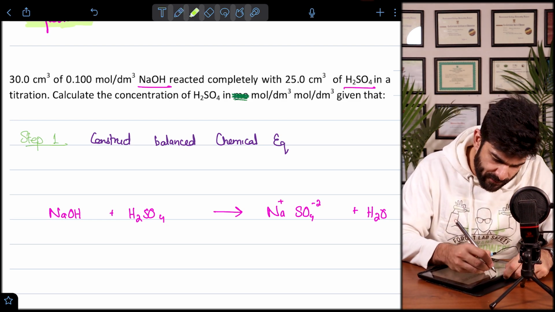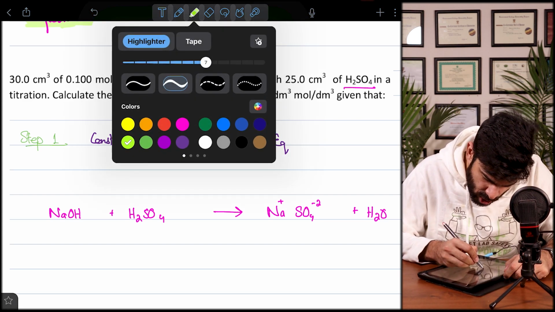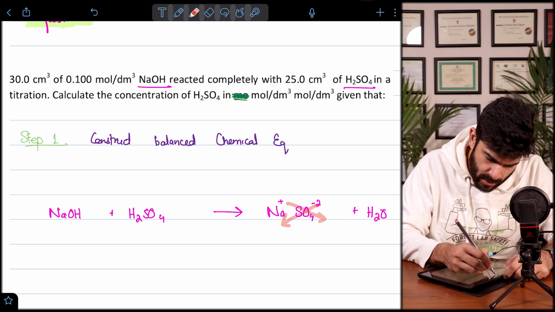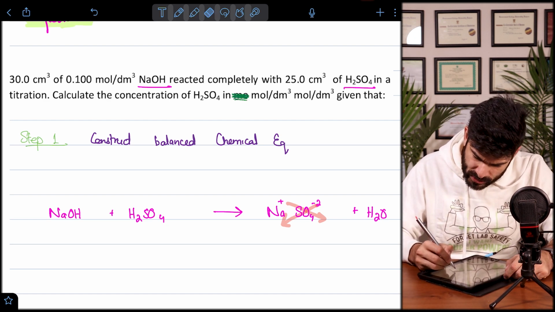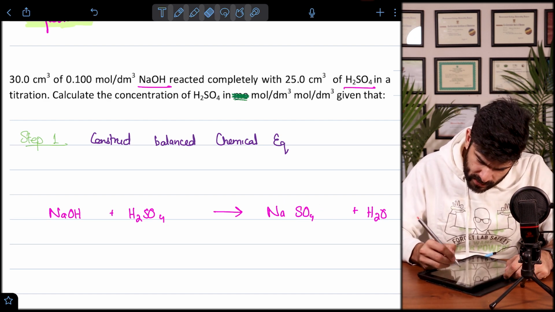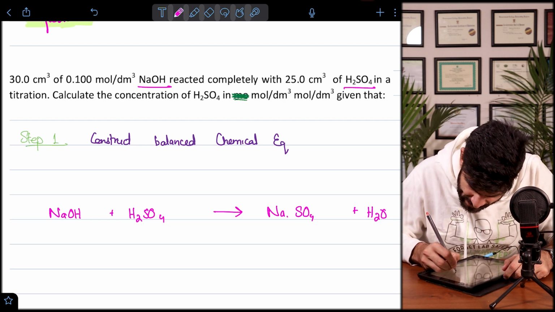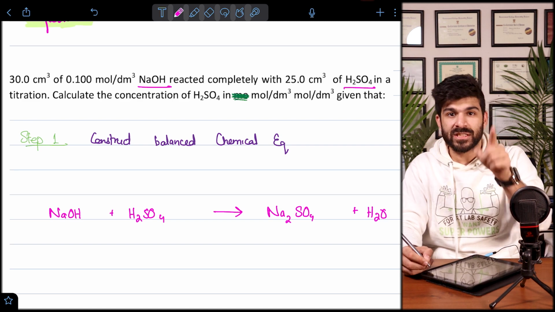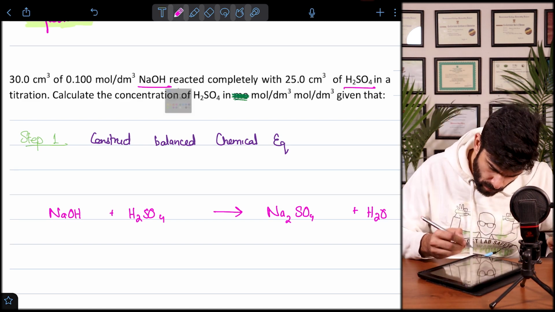So remember, you must remember the crisscross method, where the 2 would come here and 1 would go there, to balance it off. So the product would be Na2SO4, not NaSO4, because in that case your balancing would be different.